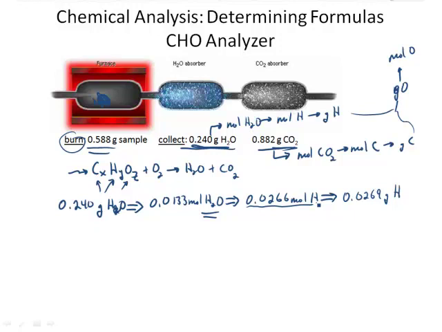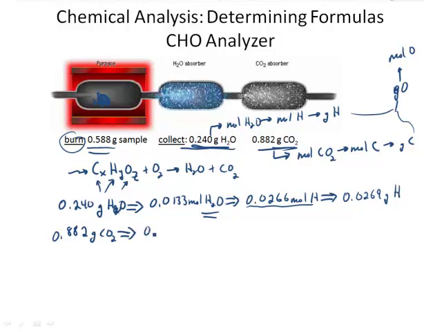We really want the moles for figuring out the empirical formula, but we're going to need the grams in a minute because we need to figure out how much oxygen we had, and you can't measure oxygen directly in this experiment. For the carbon, we have 0.882 grams of carbon dioxide. 0.882 divided by 44.01, which is the molar mass for carbon dioxide.